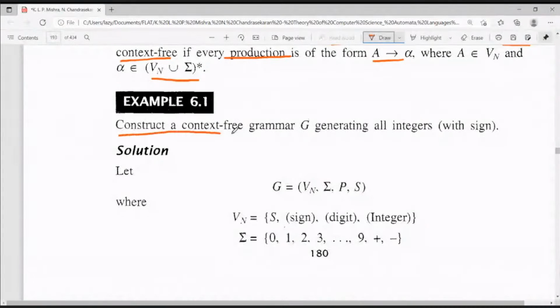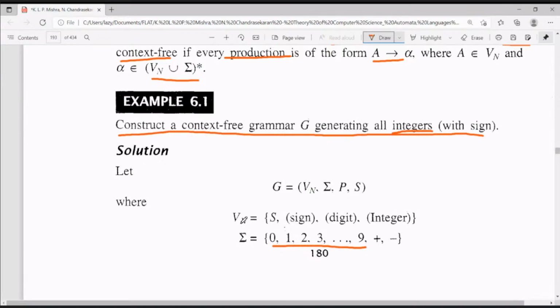Construct a context free grammar G for all integers with sign. Here we have the numbers 0 to 9. Sigma is the set of terminals, and along with that we include plus and minus, so that we can generate all integers.